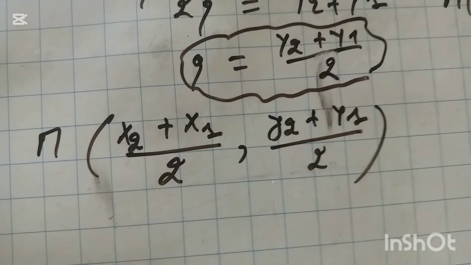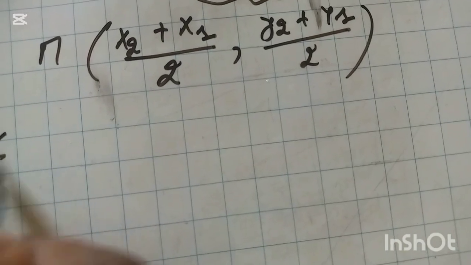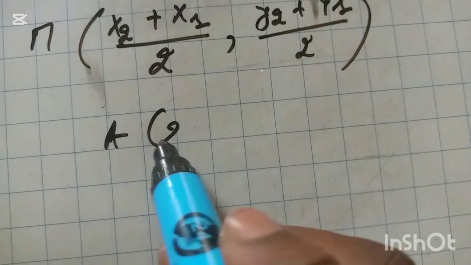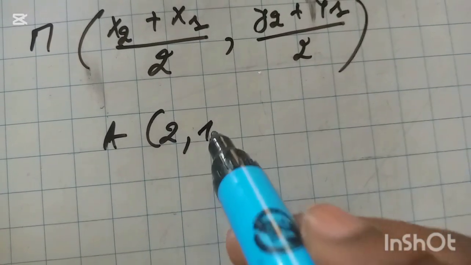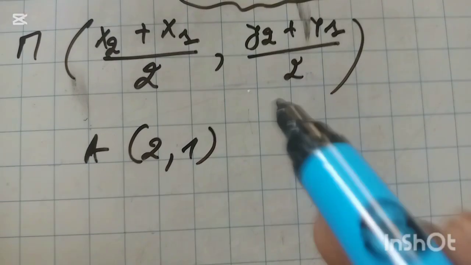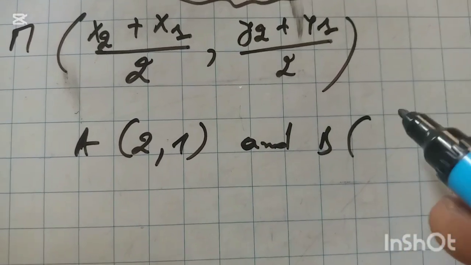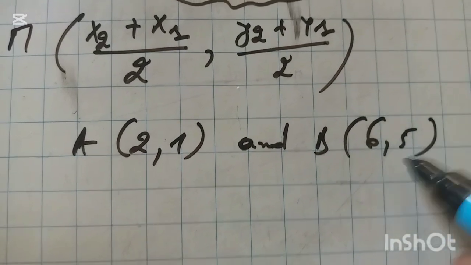By considering our example now, we have a point H with 2 as x and 1 as y. Also we have point D with the coordinates x, which is 6, and y, which is 5.